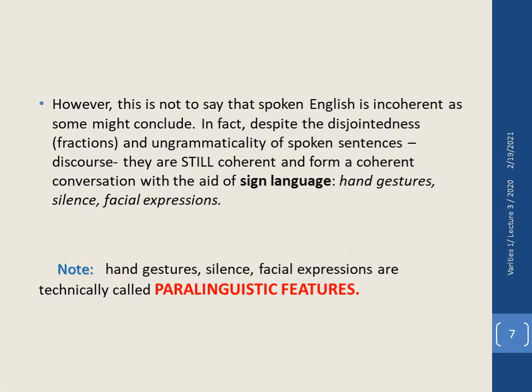Speaking of all these ungrammatical features of spoken language, this doesn't suggest that native English speakers do not know how to use English, or that they use it in a wrong way, or that they are not familiar with the grammar. This is 100% natural, because we do this too, like in the Arabic language.